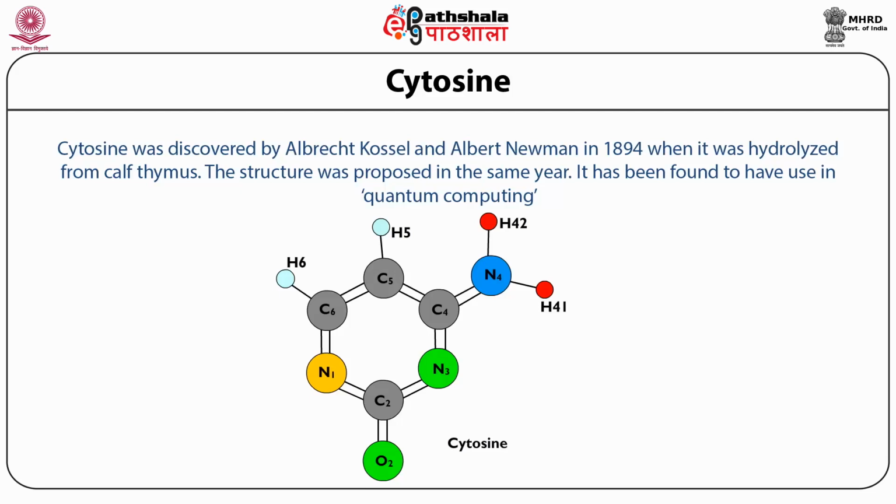The nitrogen at the N3 position and oxygen at the O2 position, which are electron acceptors, are shown in green color, and the nitrogen N1, which is involved in the linkage with the sugar phosphate backbone, is shown in yellow color.